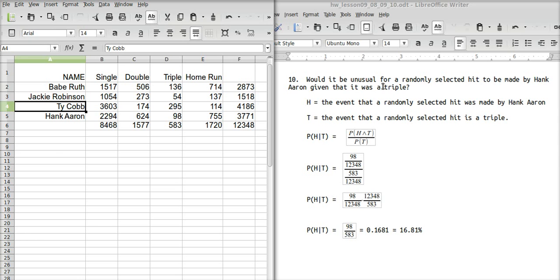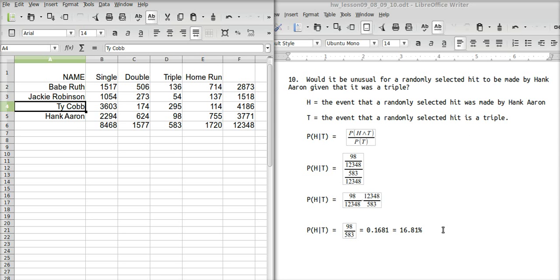And they want to know, would it be unusual for that to happen? So it's probably better off to change it to a decimal, and to 4 places it would be 0.1681 or 16.81%. So about 16-17% of the time, if we randomly selected a hit, it would be a triple made by Hank Aaron.